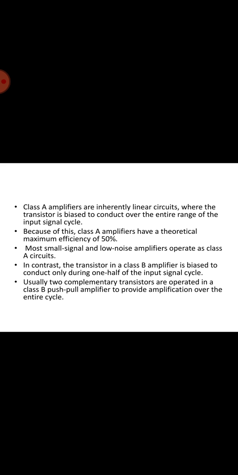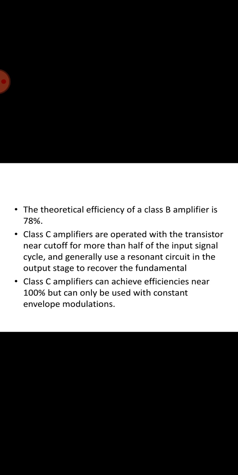In contrast, the transistor in a Class B amplifier is biased to conduct only during one half of the input signal cycle. Usually two complementary transistors are operated in a Class B push-pull amplifier to provide amplification over the entire cycle. The theoretical efficiency of a Class B amplifier is 78%.